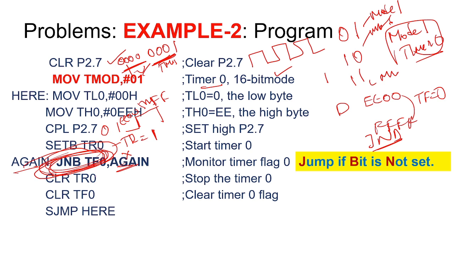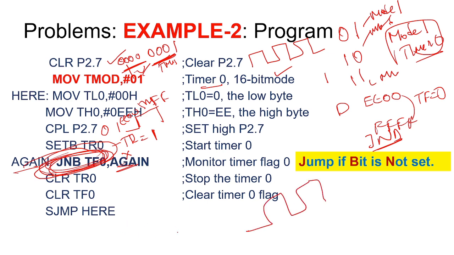So once it comes out, I want to clear the TR bit and TF bit. Okay, please understand, here I want to generate only the pulse width. That's why I have taken the complement at the start itself. In the previous case, if you want to generate a square wave, that is on and off.